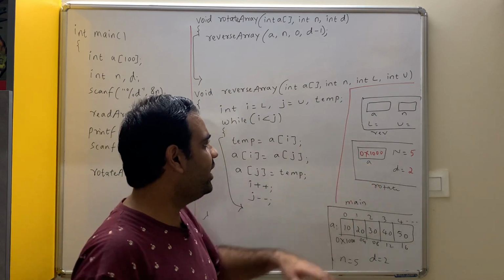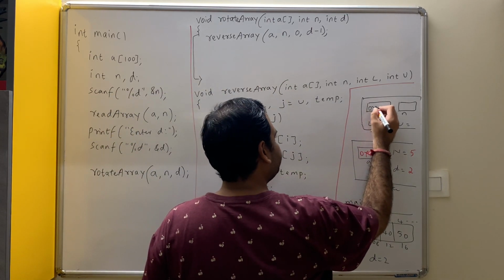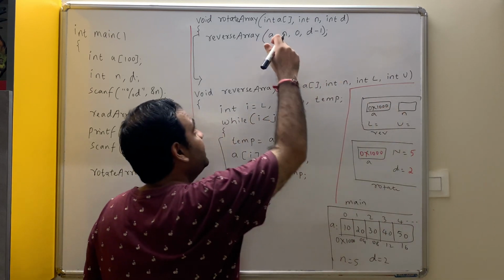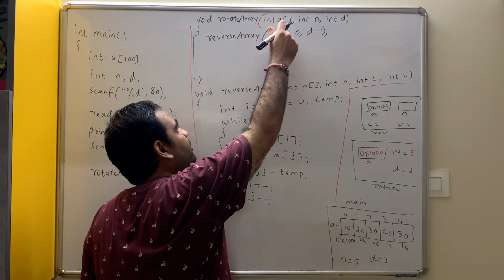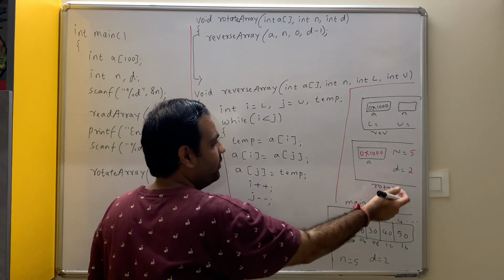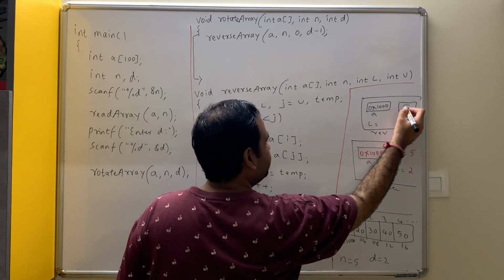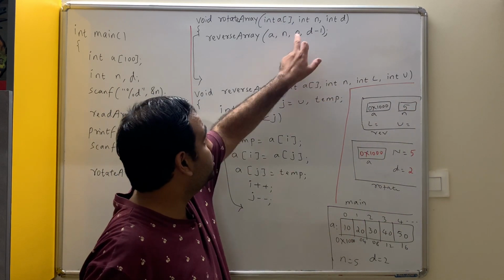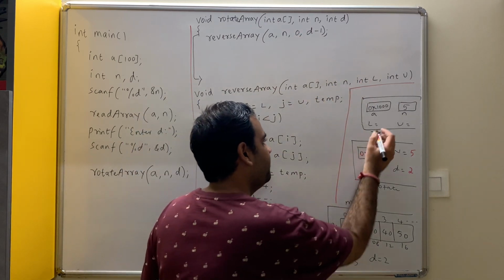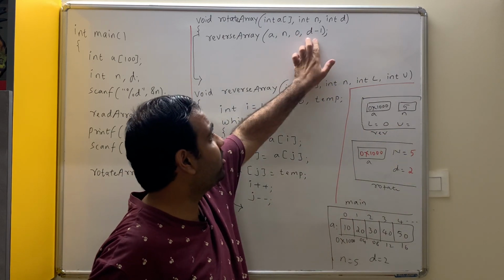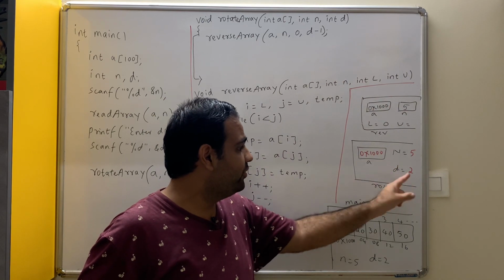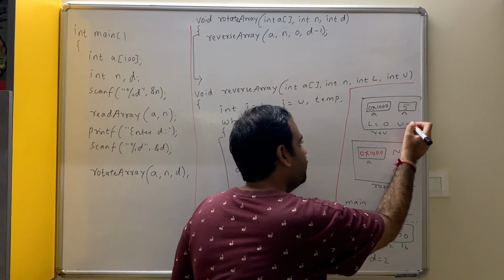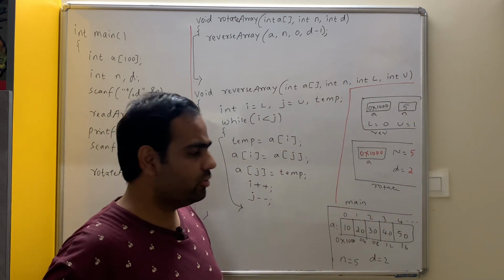The value of A is 1000. Next, n from rotate array will be copied to n of reverse array. What is the value of n in rotate array? 5. Next, 0 will be copied to l and d minus 1 will be copied to u. What is the value of d minus 1? 2 minus 1 is 1. 1 is copied to u. This is how it looks.